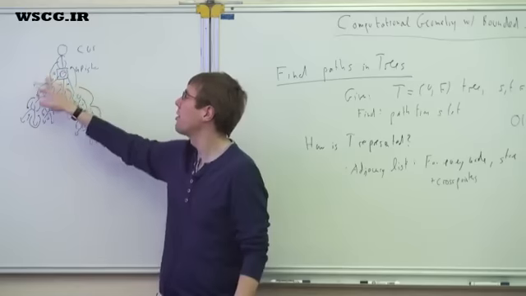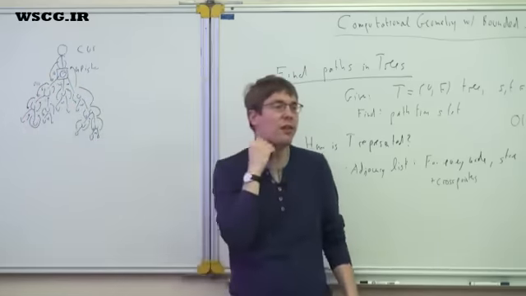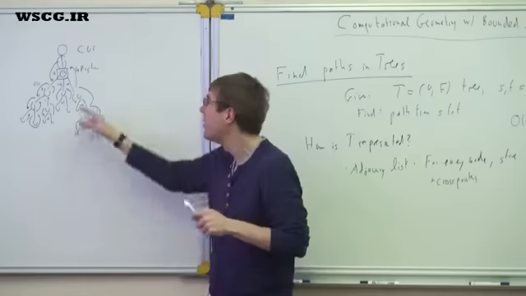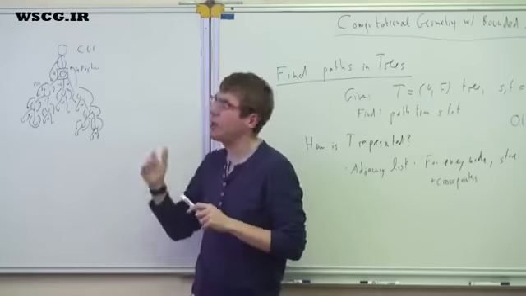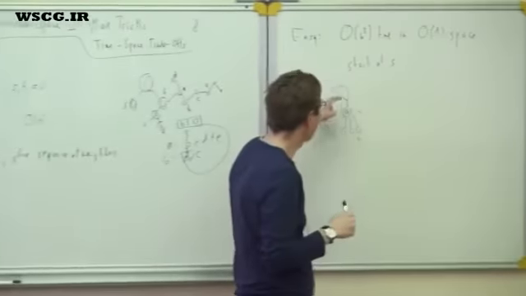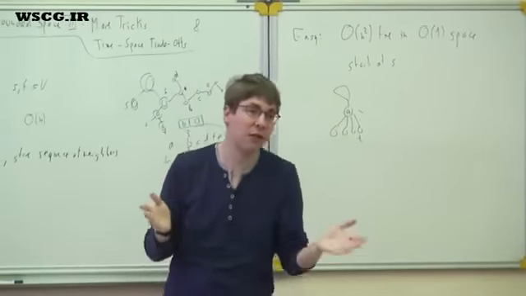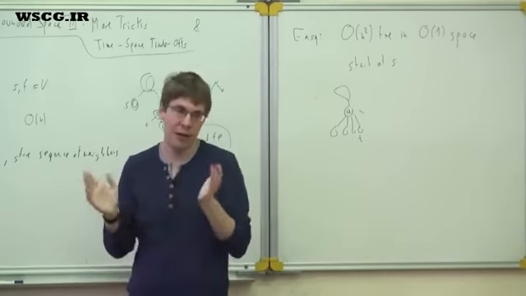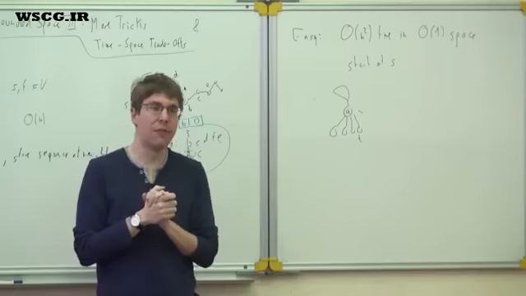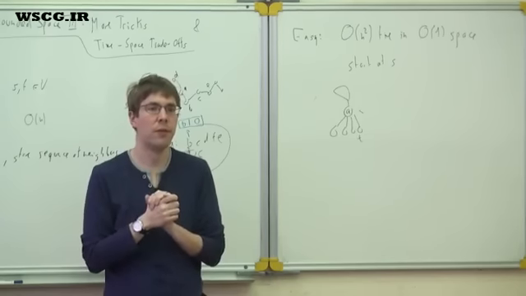Each step takes constant time because we just need to maintain pointers in the adjacency lists. We don't have to scan through the list, we just follow the pointers. And so each step takes linear time, and the path between S and T can have length at most n because it's a tree, actually it's n minus 1 steps. So the total time is O of n squared. Yes? Good.